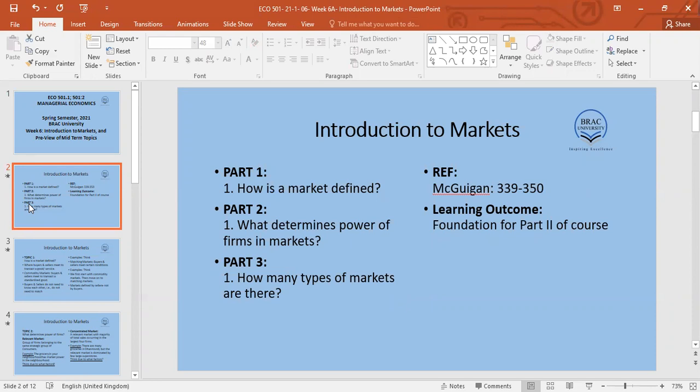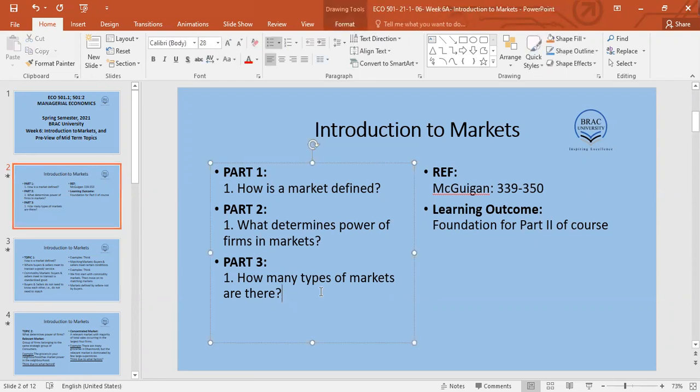In part 1, we'll look at how we define a market. Part 2, what determines power of firms in markets. Part 3, how many types of markets are there, or how many types of markets will we be discussing?